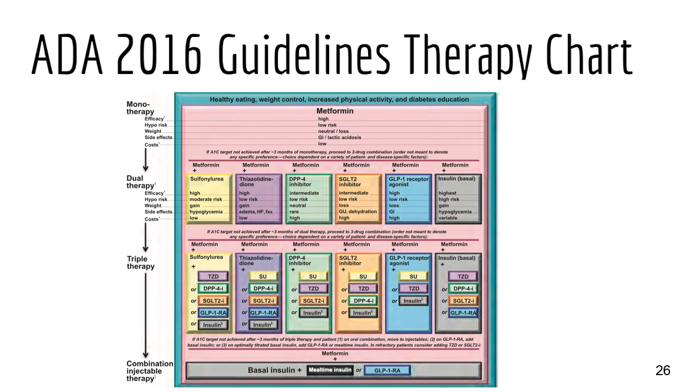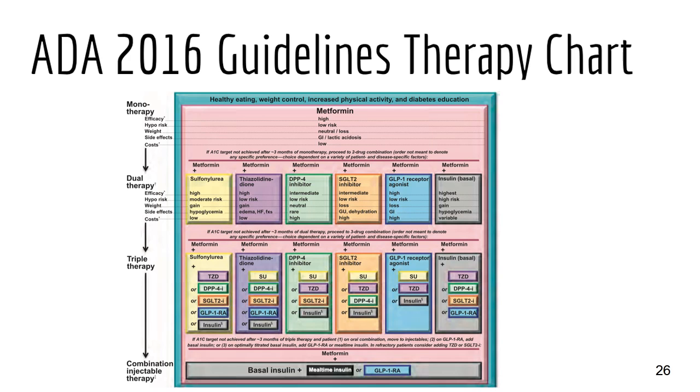This next slide is the ADA 2016 guidelines therapy chart, and basically we always want to start first line with monotherapy with metformin, and as you move from monotherapy to dual therapy to triple therapy, you always want to wait at least 3 months in between adding on that next medication.